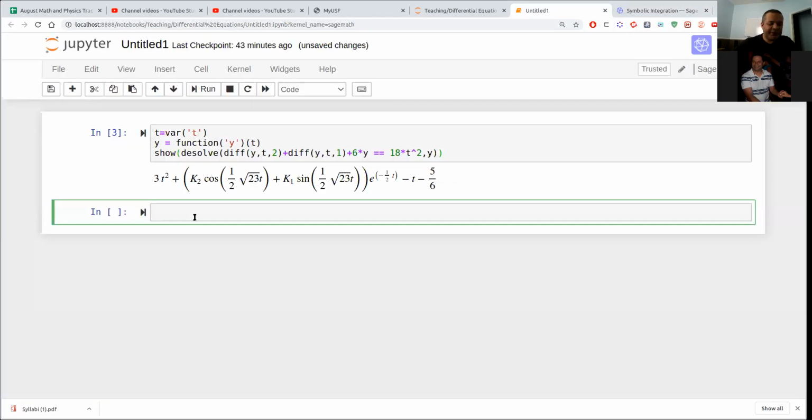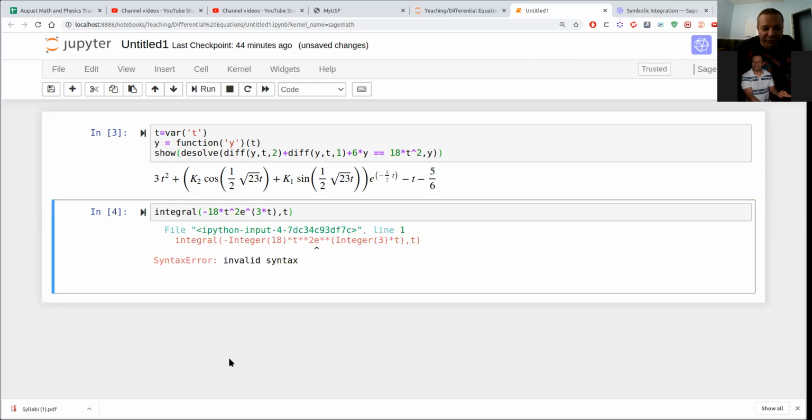Back to here. So I'm going to do the integral of negative 18 times t squared e to the 3 times t, all with respect to t. And the reason that I'm okay with this is because I'm not testing you on integrals.